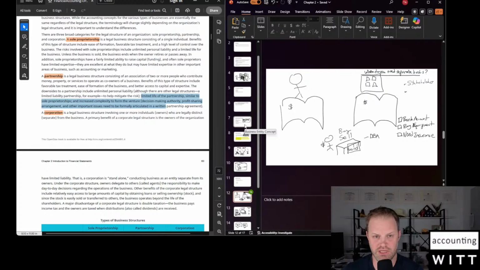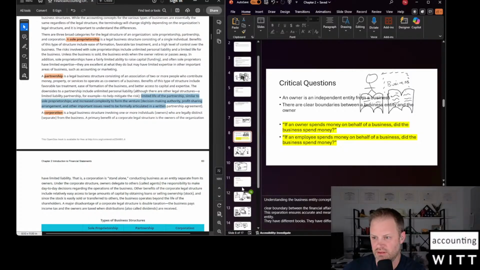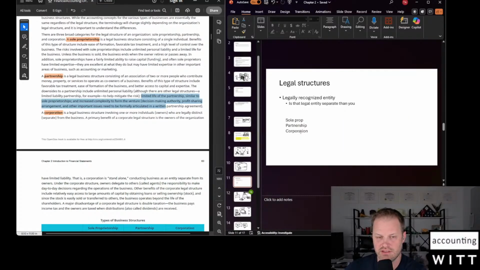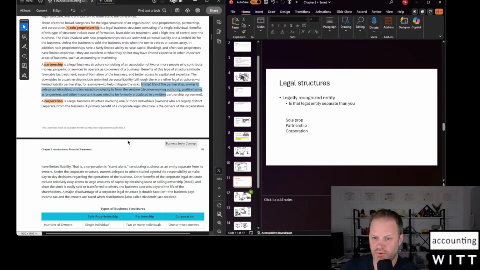So two people each have complete control. Then a corporation is a completely separate entity with, let's just say it's not a person who controls it. There's a whole governance structure behind them. So the important thing here is to know that a legal structure is this concept of a legal entity that is legally the name that owns the assets.